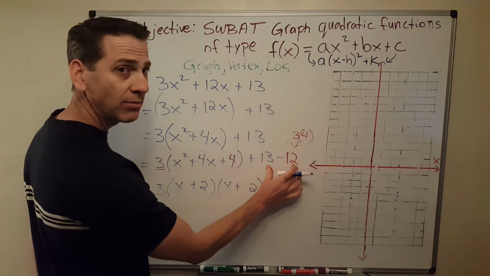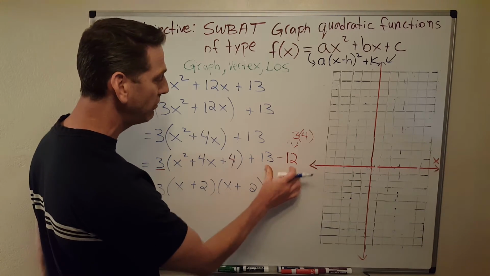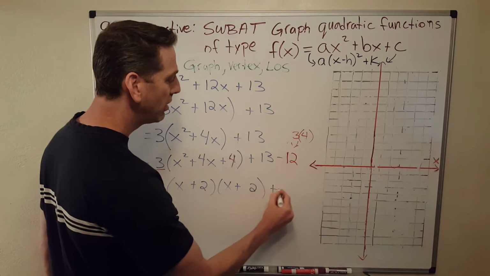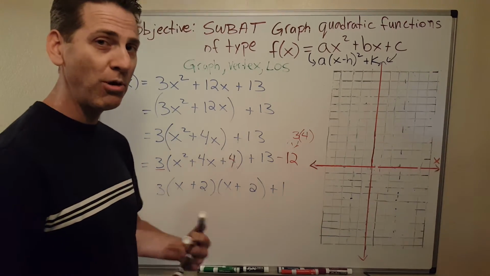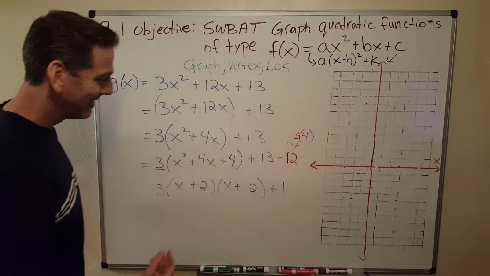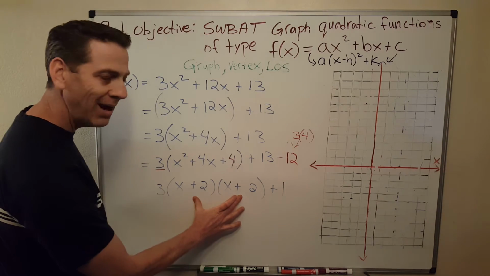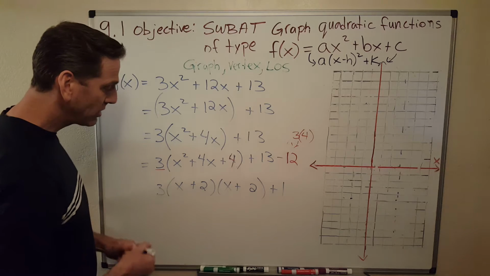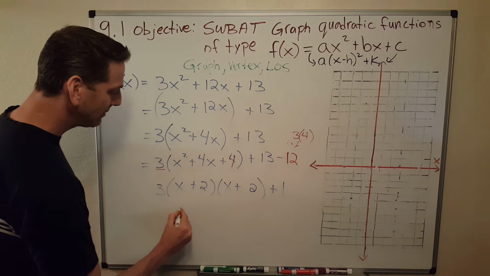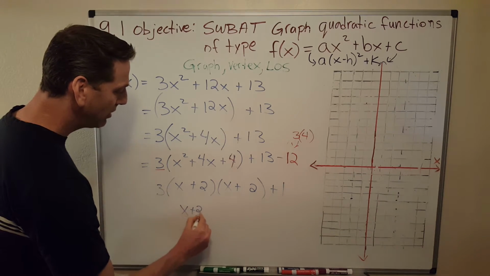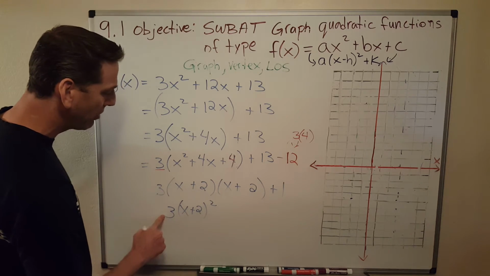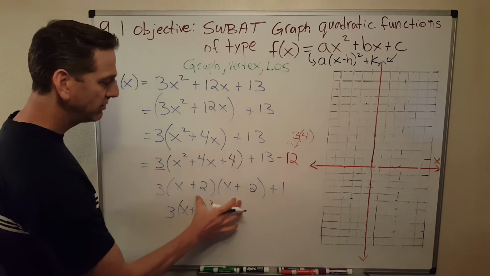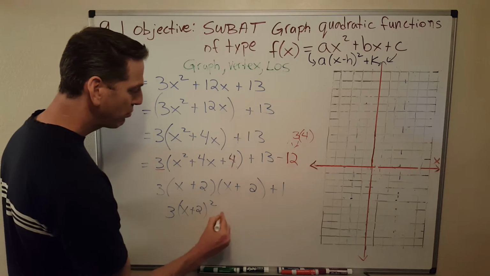Now I have to do the subtraction here. 13 minus 12 is 1, positive 1. Okay, starting to look a little bit more familiar, huh? Okay, now I have x plus 2 times x plus 2, which I can express as x plus 2 to the second power, but don't forget about that 3. This is 3 times x plus 2 to the second power plus 1.